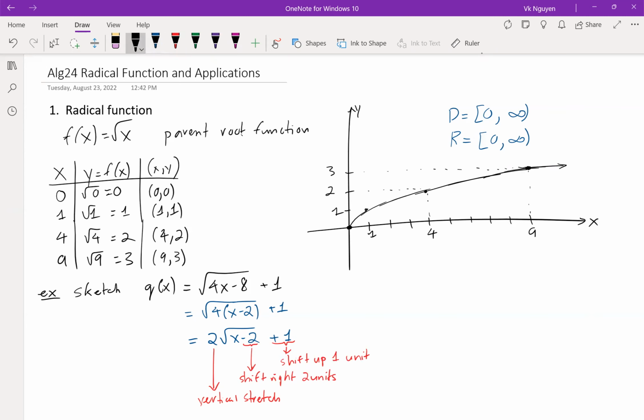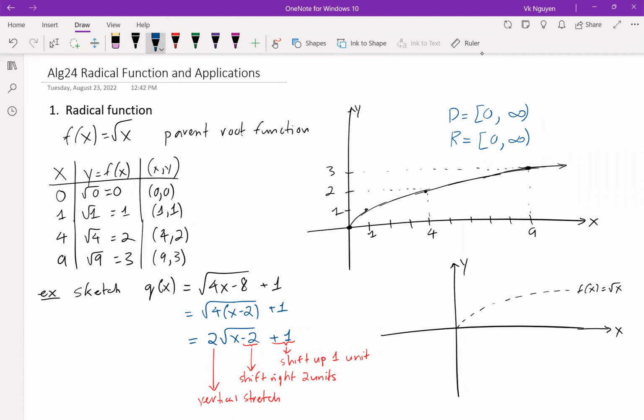Let's take a look at the graph. X, Y. First, I'm going to sketch out the parent function, f(x) equal root x.